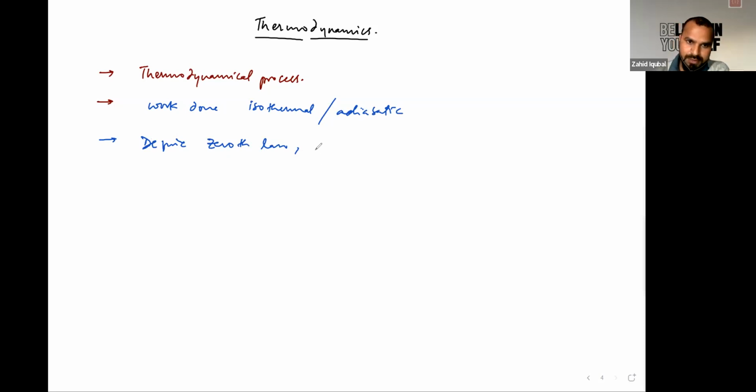These statements. For the numerical part, from this chapter, you'll be asked on the basis of the first law. Let me give you a problem related to that part.